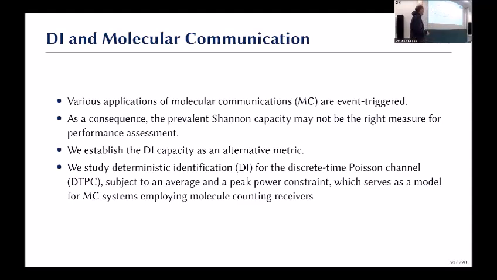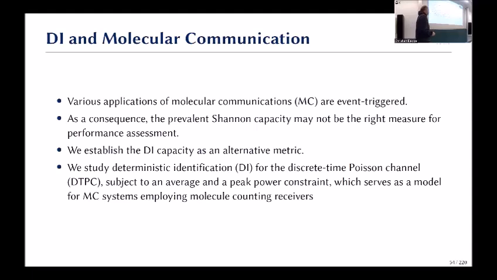The people saw that there are higher rates than expected because they model this with a channel model. Why could this happen? One reason could be that they are using identification. So we can establish the DI capacity for such a model for molecular communication.